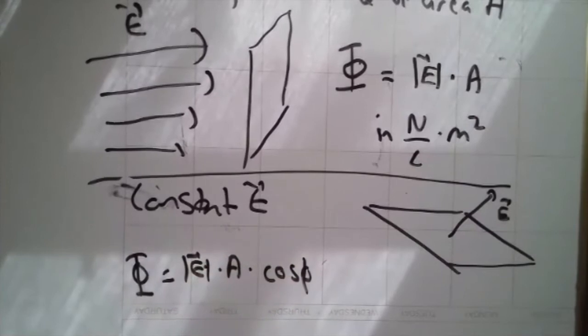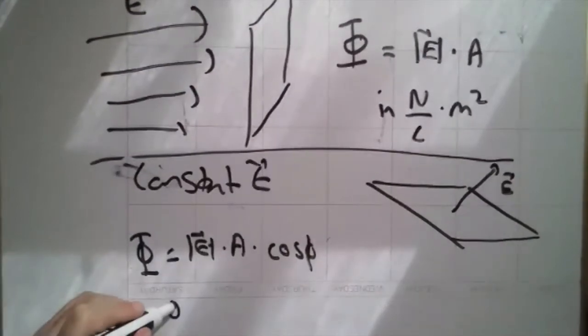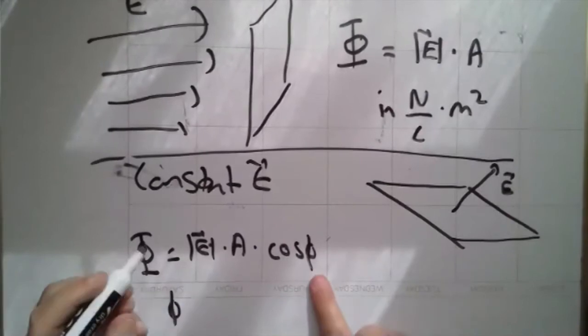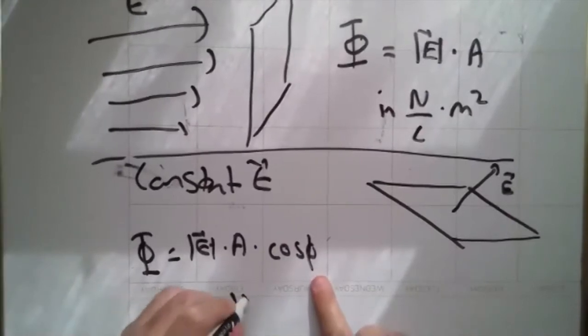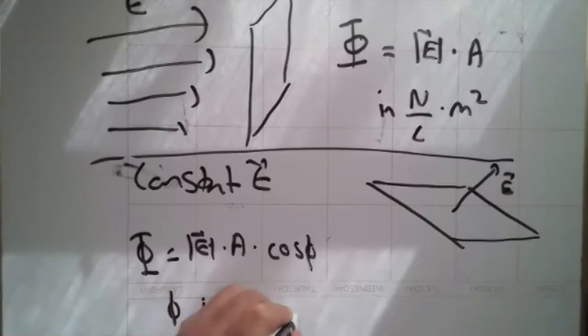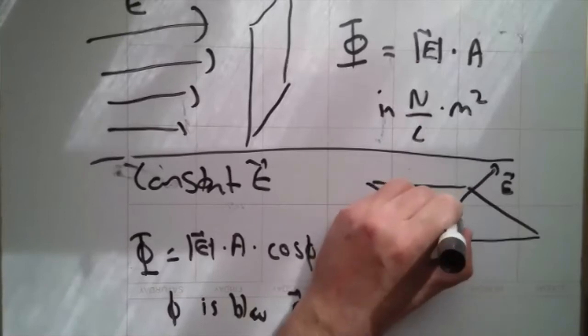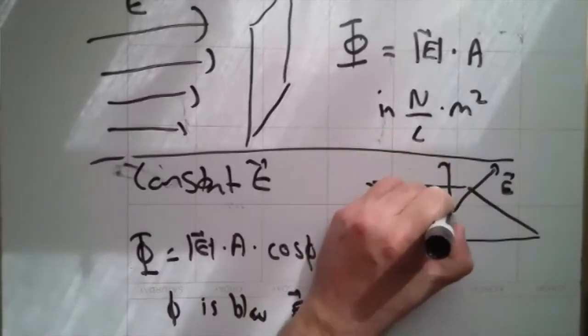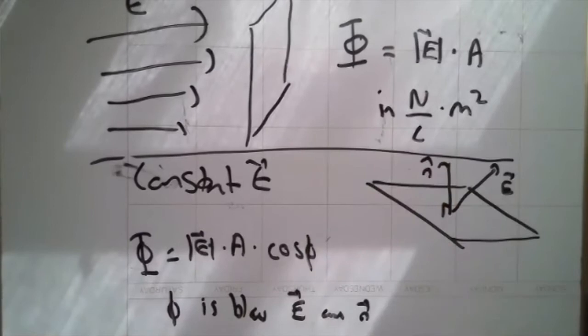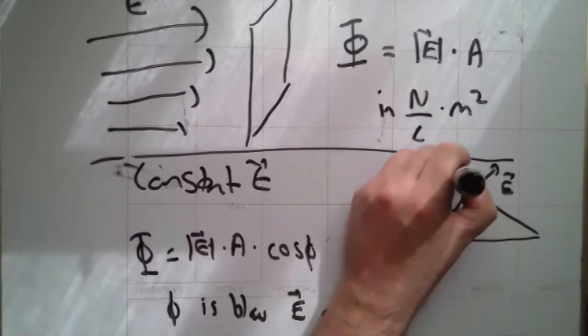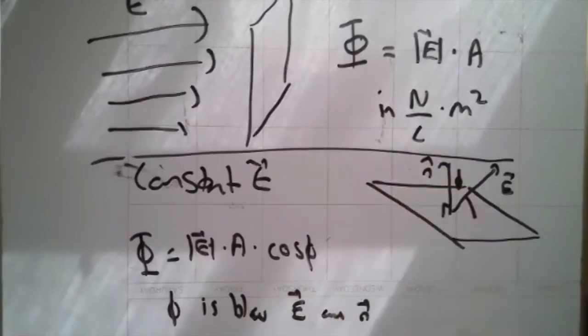Now we've got to be careful here. The cosine of the angle between E and the normal vector. This little angle phi here is between the vector E and the vector perpendicular to A. This is my angle phi, not this angle here.